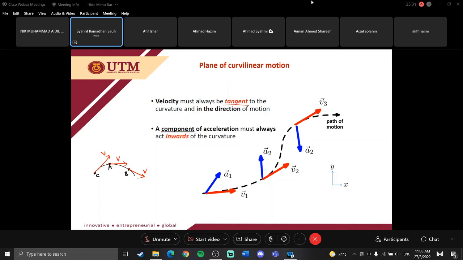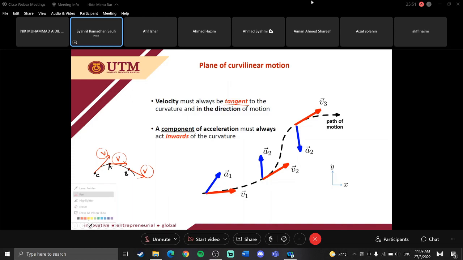And then the second thing, if you have a velocity, sometimes you will have an acceleration. So a component of acceleration must always be inwards of the curvature. So velocity tangent to the curve, acceleration inwards of the curvature.